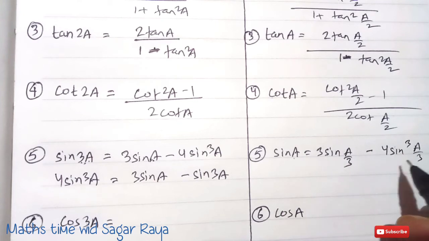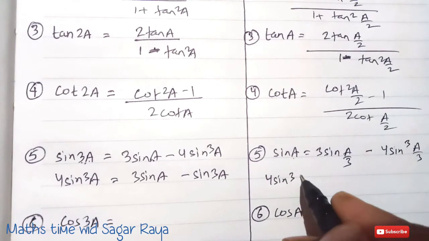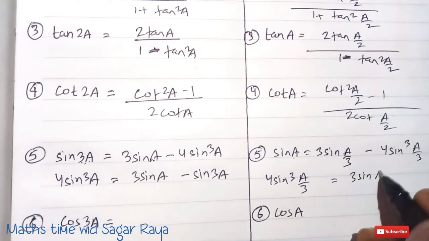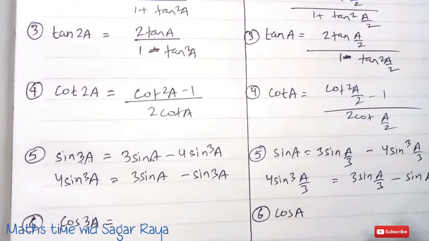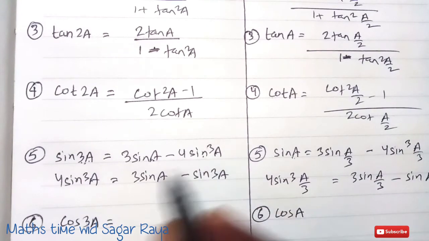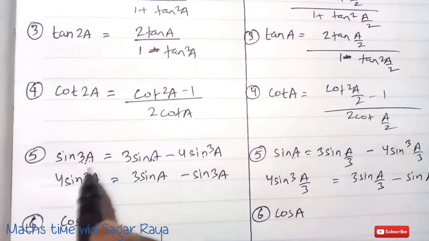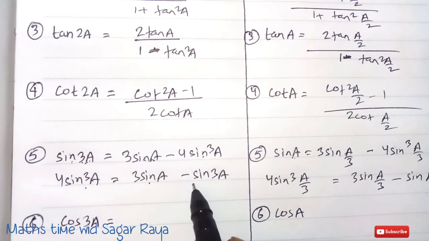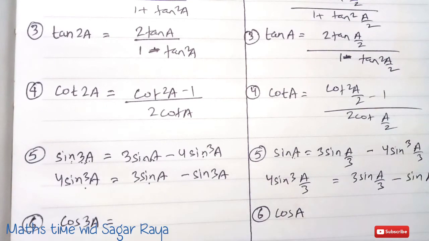Similarly, I can derive one more formula from here. So 4 sin cube a by 3 equals 3 sin a by 3 minus sin a. If you bring this minus 4 sin cube a to the left side, 3 sin a remains as it is, and this sin 3a, when it comes to the right hand side, becomes minus sin 3a.